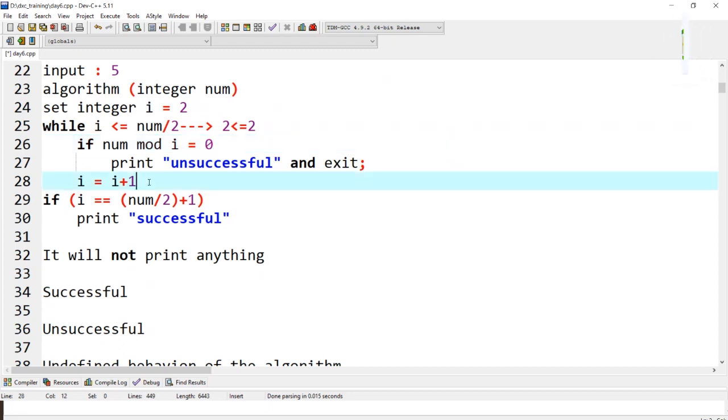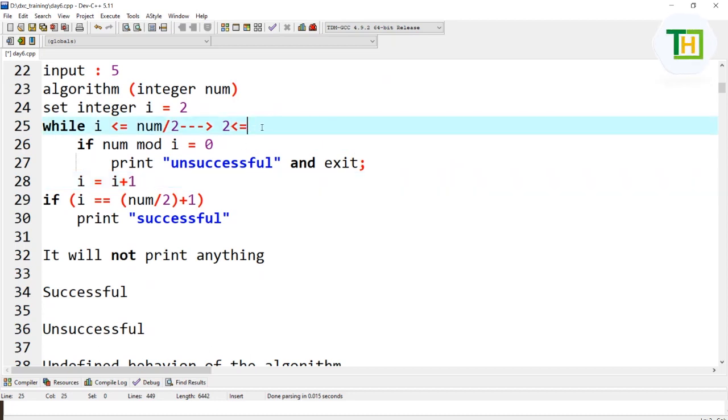Then I is incremented. What is the I value? I value is going to be 3 here. Is 3 less than or equal to 5 by 2? 5 by 2 is going to be 2 always. Now it is going to be false. That means this loop is going to be executed for only one time.